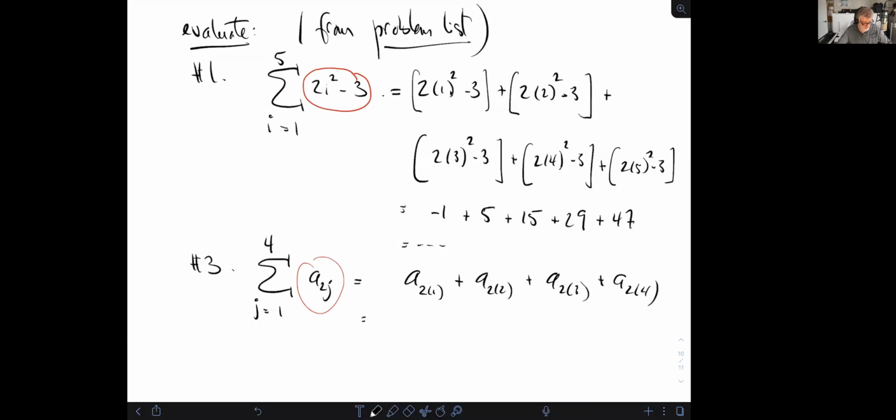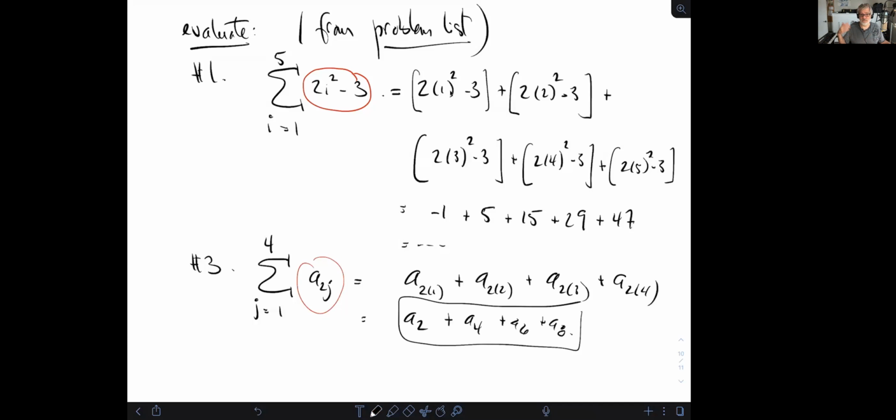So if I just write it out, this is a2 plus a4 plus a6 plus a8. So this is what we get. Now we don't know the values of these. Maybe they would be in some other table, right?